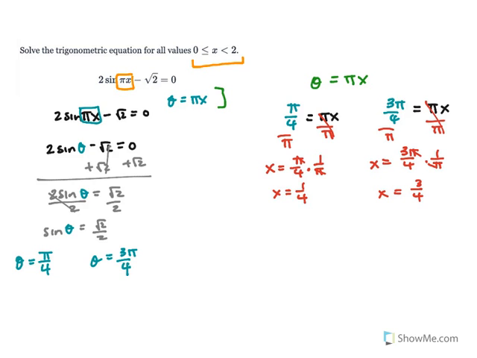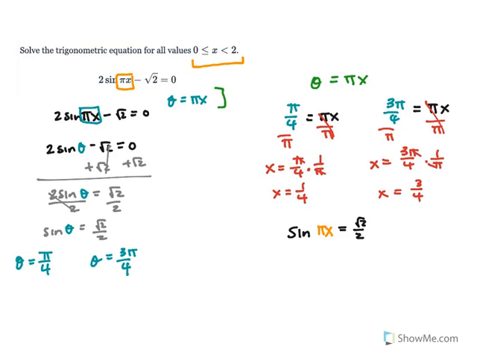And if I come back to that original expression, but instead of having theta, I leave my value as, hang on, let me write it so it's easier to understand with colors. We leave it as sine of pi x equals the square root of 2 over 2. I can substitute this in for both equations. So we're going to substitute x in to see if we get those values.